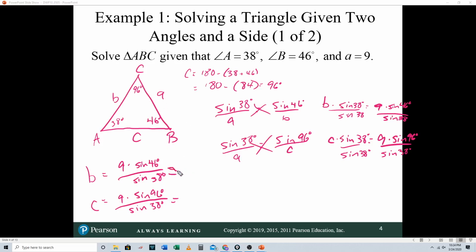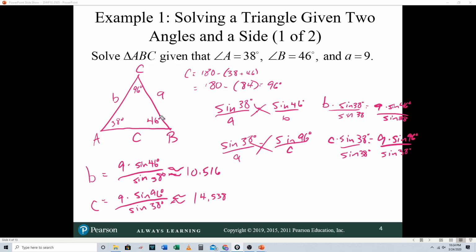So again, technically it's approximately because I'm going to be rounding here. 10.516. And the other one, with sine of 96 degrees, gives me 14.538. So again, it's approximately 14.538. All right, and that's how we use law of sines.